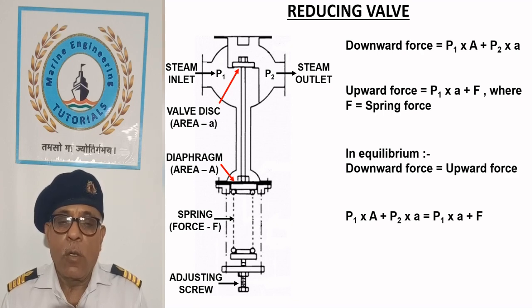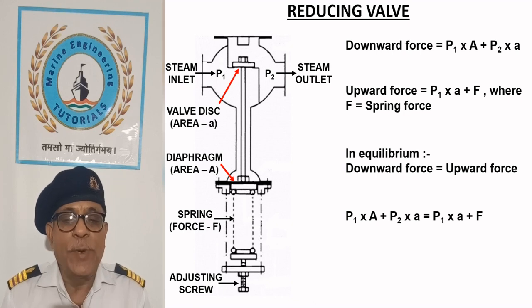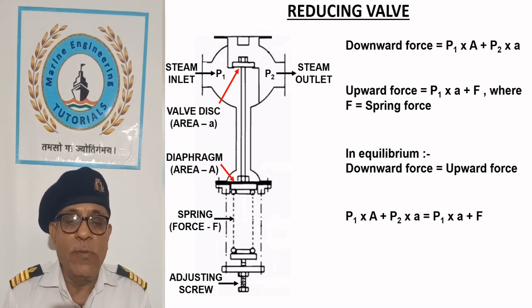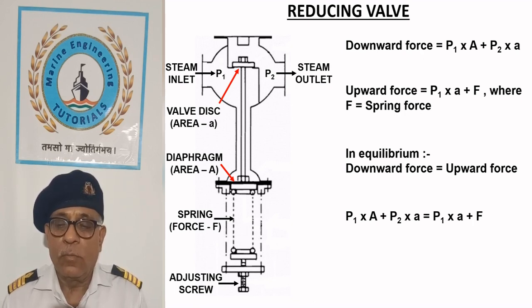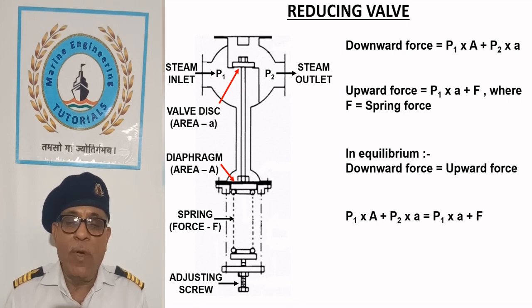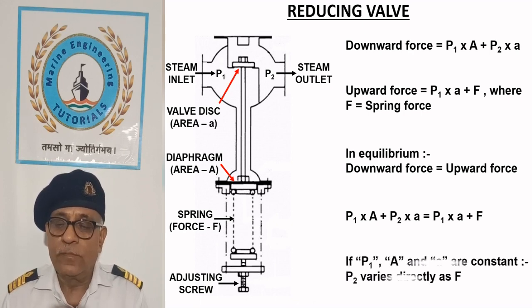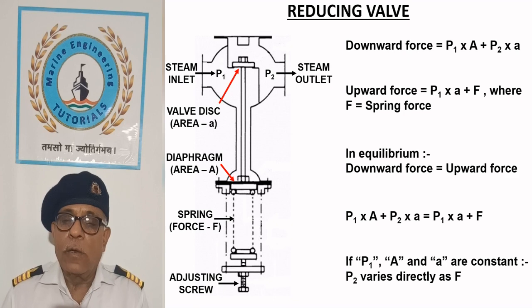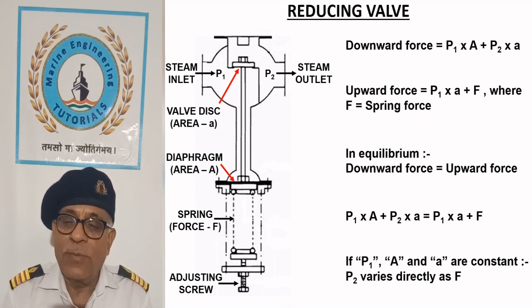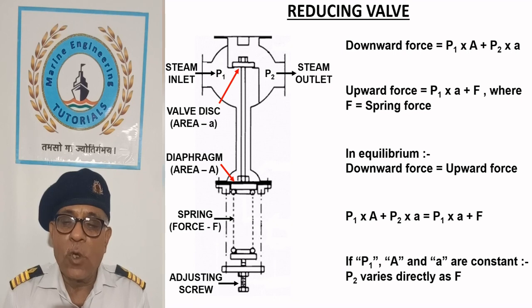Therefore, P1 into capital A plus P2 into small a is equal to P1 into small a plus F. If P1, capital A and small a are constant, P2 varies directly as F. Reducing valve maintains the downward steam pressure within defined limits over a range of flow despite fluctuation in the supply pressure.